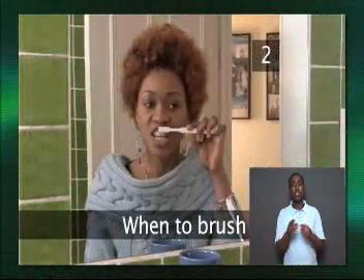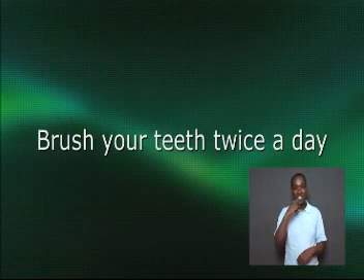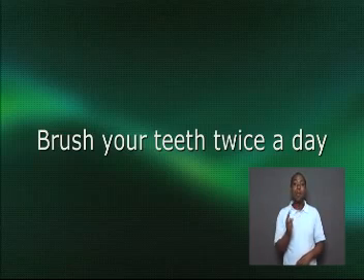There are a few things that you can do to make sure your teeth and gums are healthy. First, it is important to brush your teeth and gums at least twice a day. Brushing removes plaque and prevents buildup of other bacteria and food substances in the mouth.